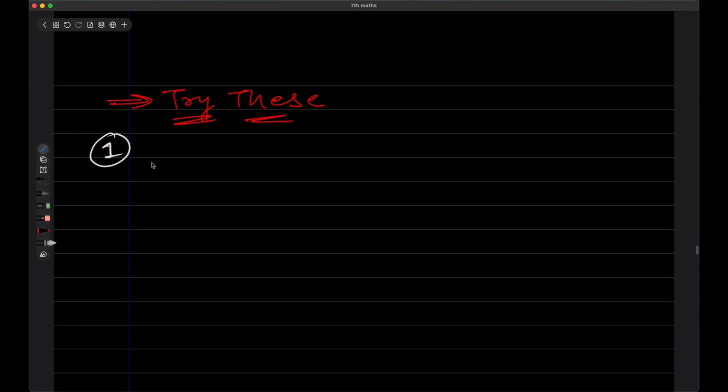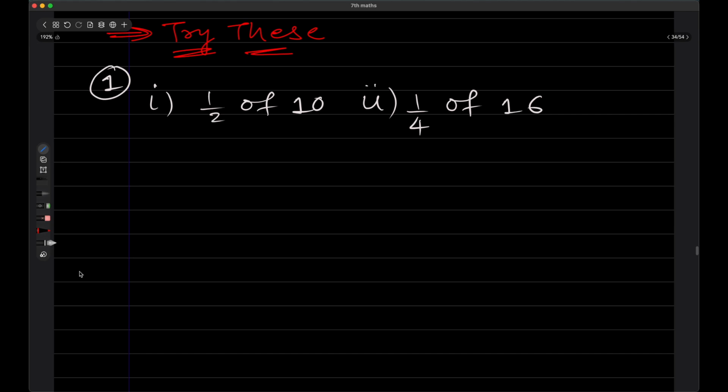We have to find first half of 10, second 1/4 of 16, and third 2/5 of 25.